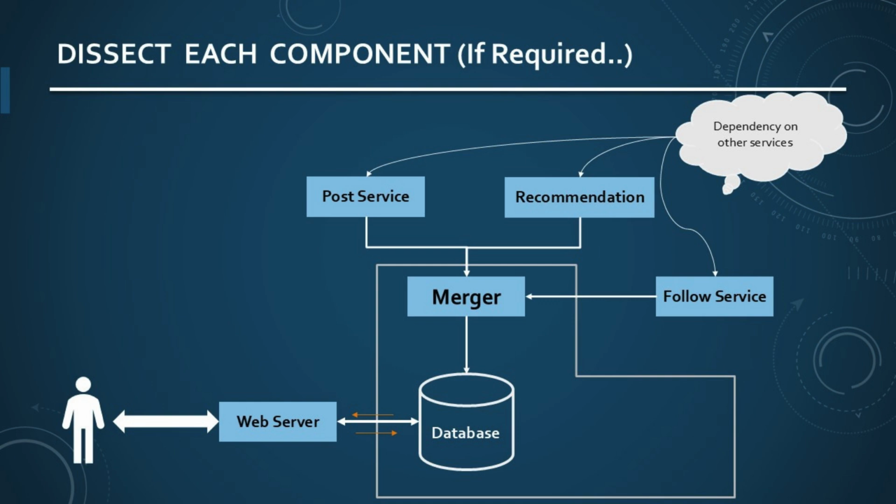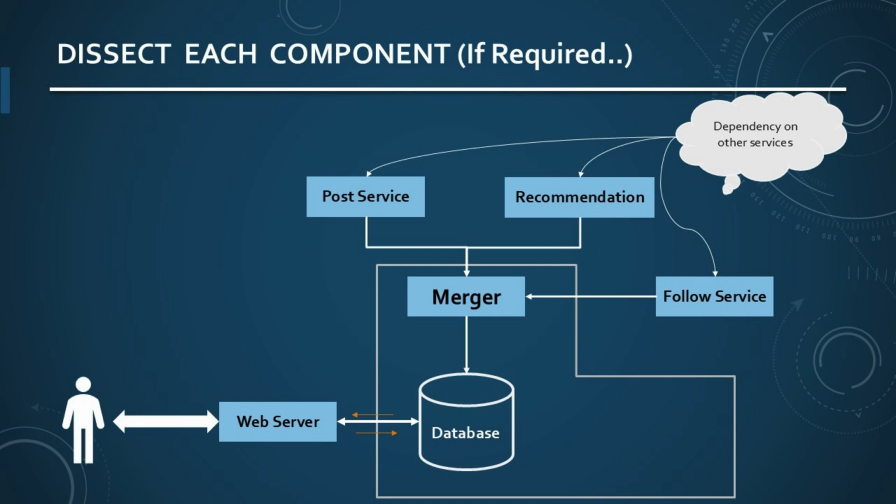When you go into those details, you would find out that you might need something that is reading from other services and merging it, and maybe having some database where you're storing some temporary information, and this becomes your generator. So the generator itself consists of 2 or 3 components, right?